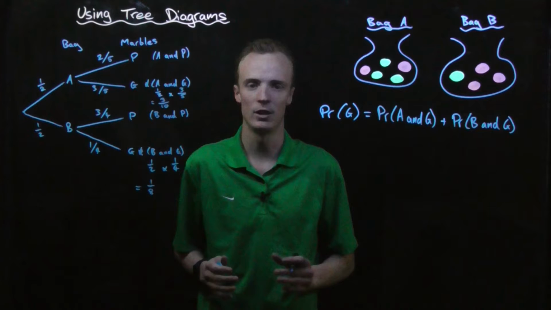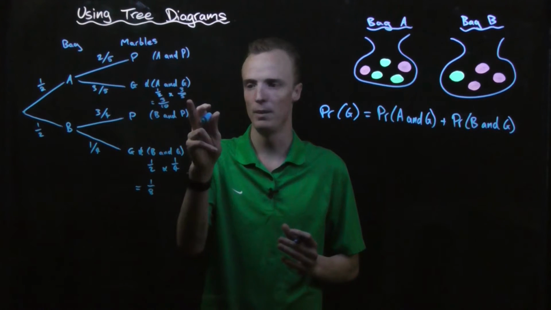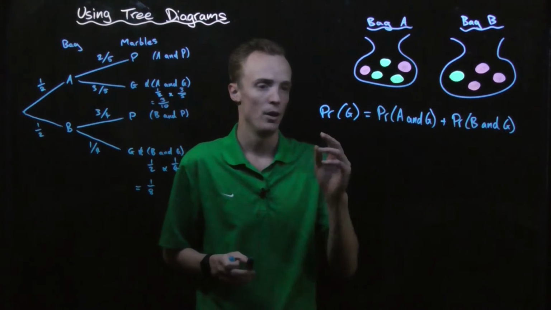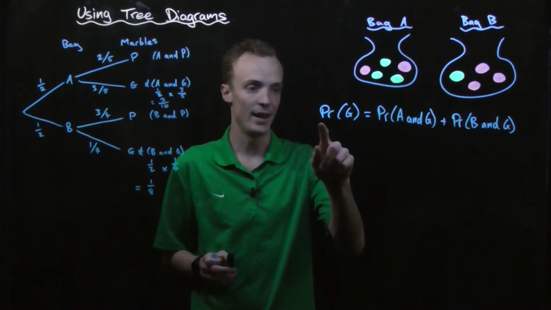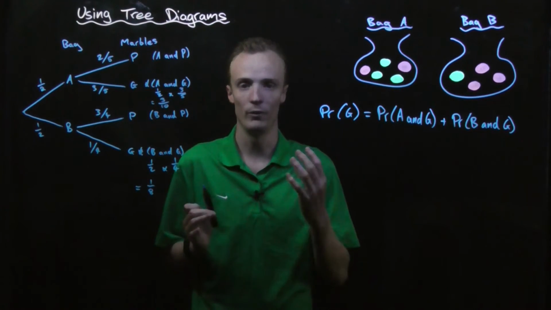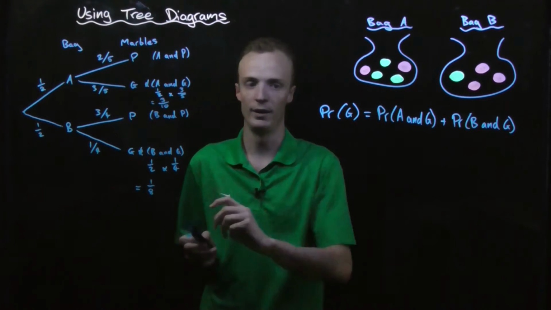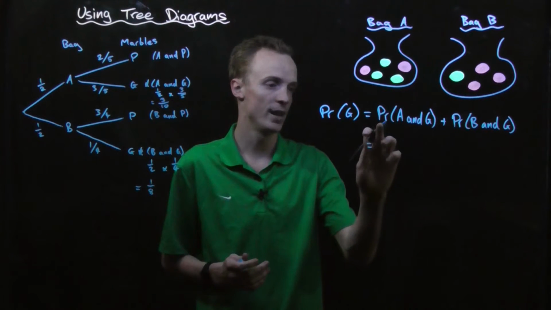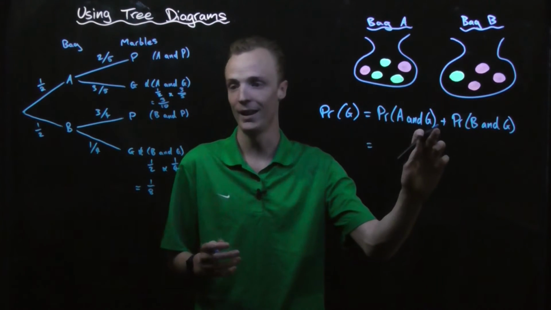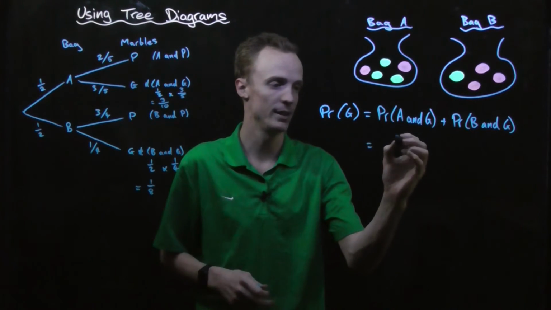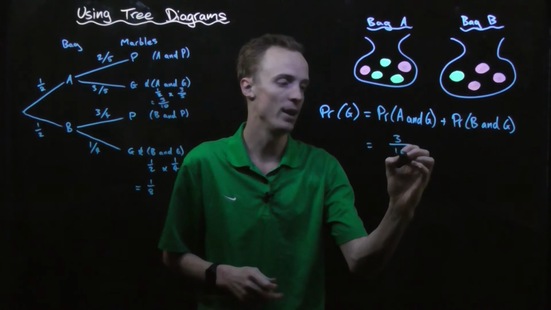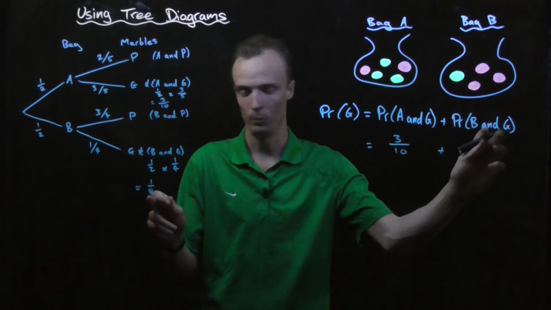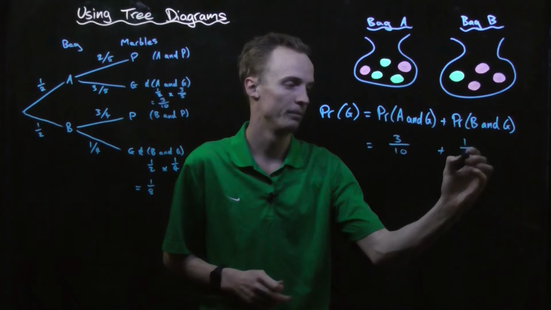So now what we've essentially done is we've worked out the individual probabilities of us getting a green. To find though the probability of us getting a green in total, we've got to add the individual probabilities together. So we take the probability of picking bag A and a green, which is a 3 in 10 chance, and we add it with the probability of getting bag B and a green, which was a 1 in 8 chance.